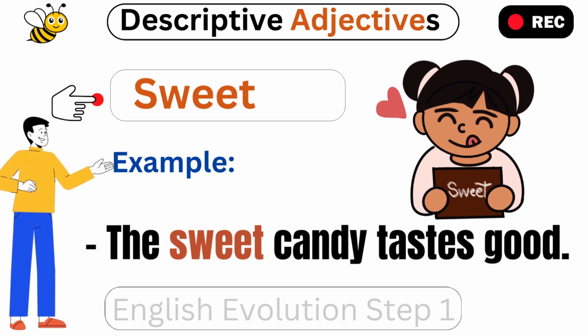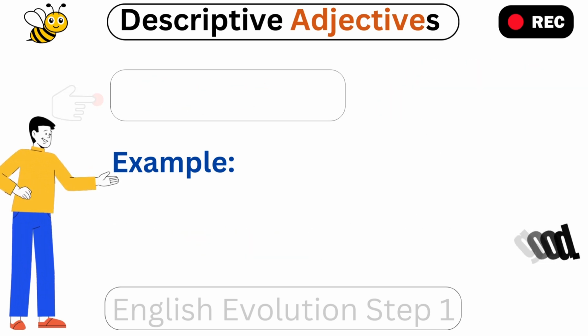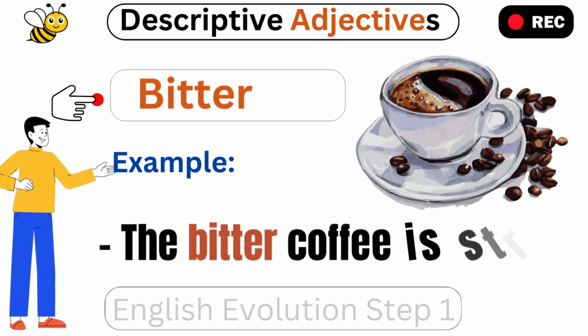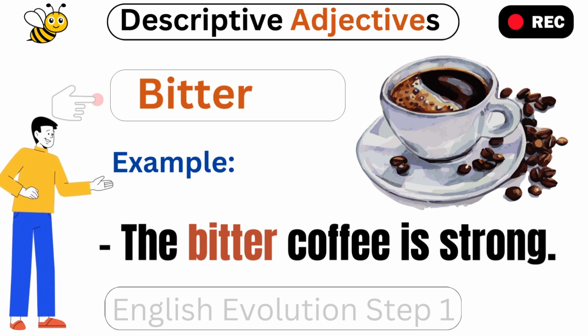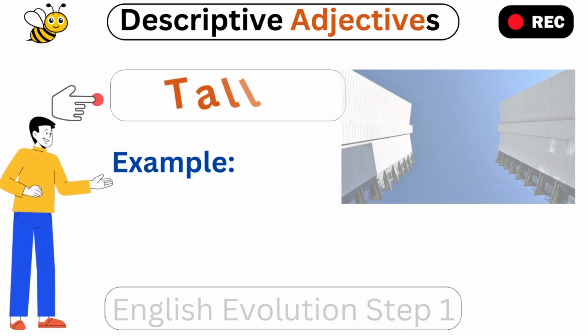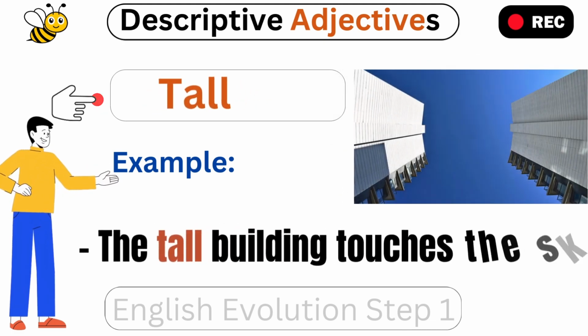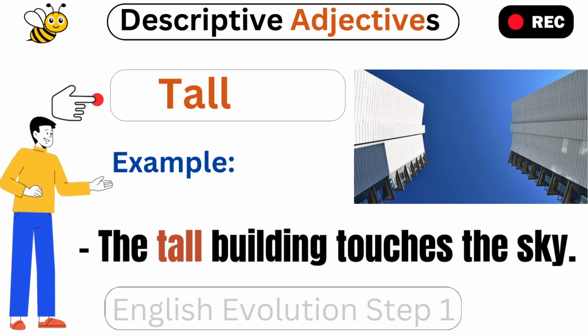Sweet. The sweet candy tastes good. Bitter. The bitter coffee is strong. Tall.